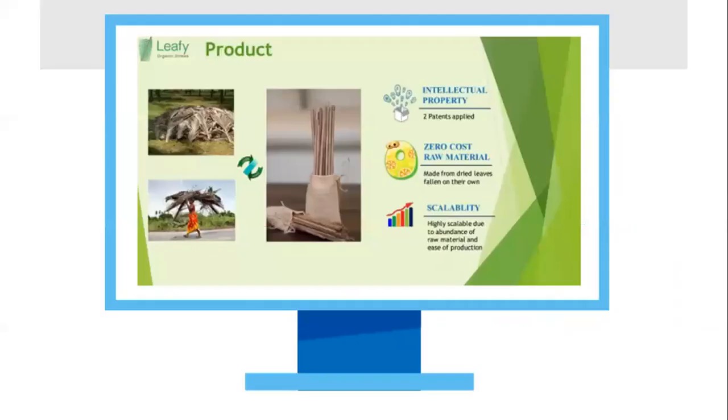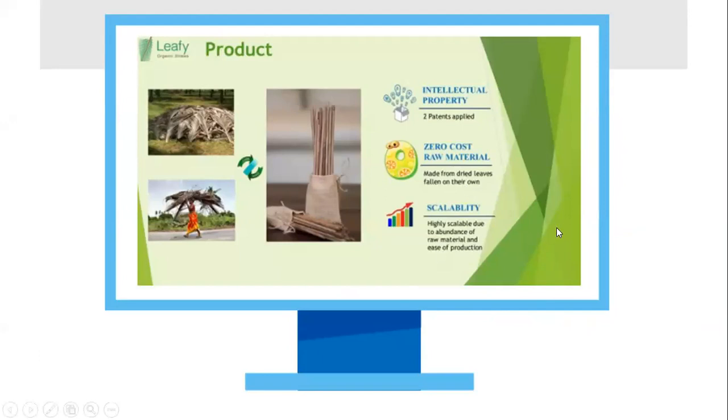This one is also a product slide. It shows you how he makes his straws. They transport, he buys, the women collect the leaves, then he manufactures these nice looking eco-friendly straws, and he has patented zero waste material.